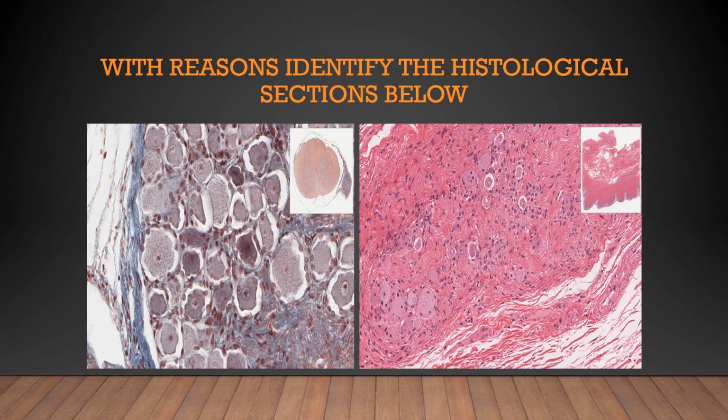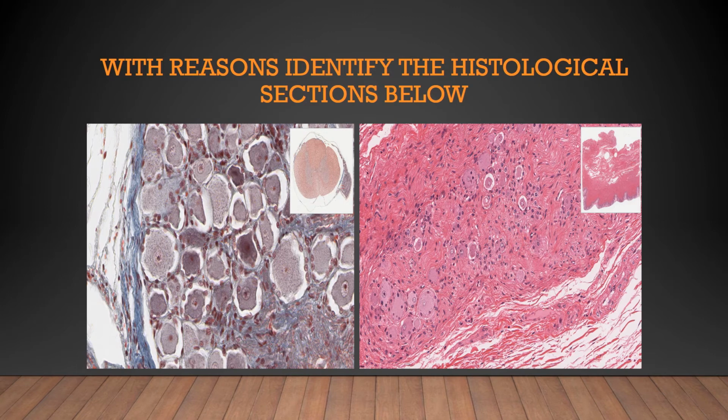So these slides are both of peripheral ganglion, with the one on the right being of the sensory ganglion, also known as somatic ganglion, specifically the spinal ganglion. The one on the left is that of the motor ganglion, also known as an autonomic ganglion. So identification point is presence of satellite cells.